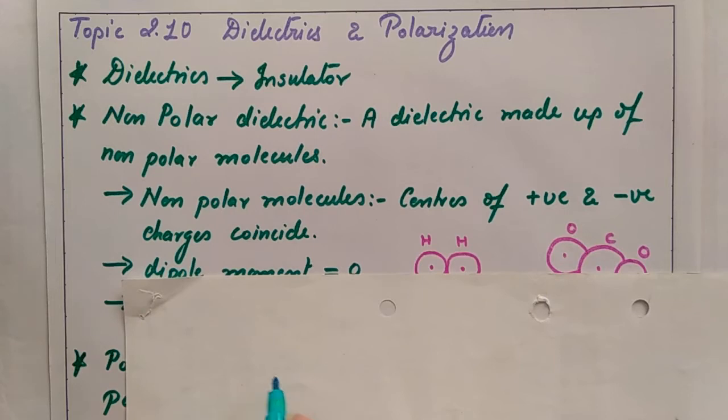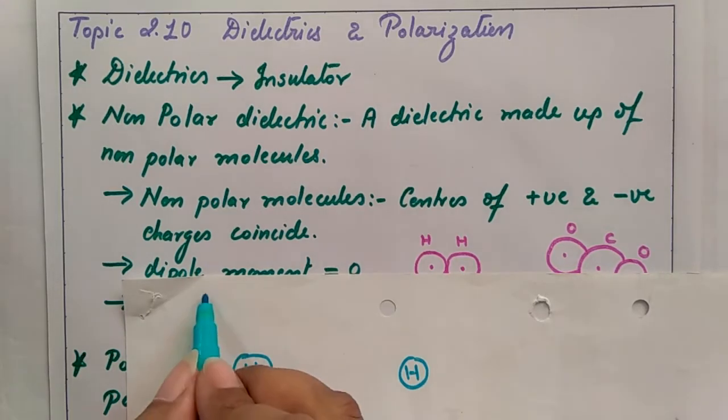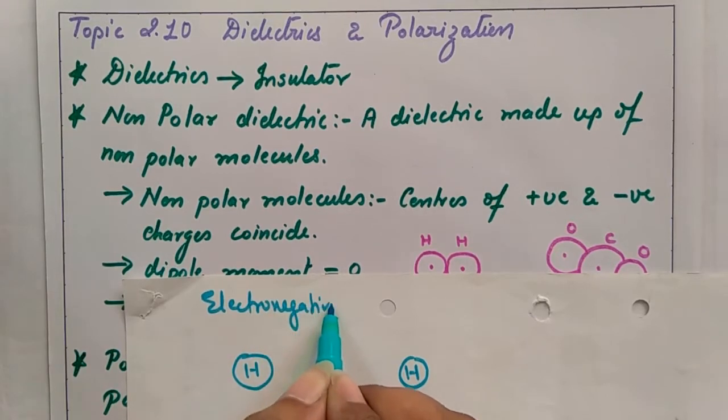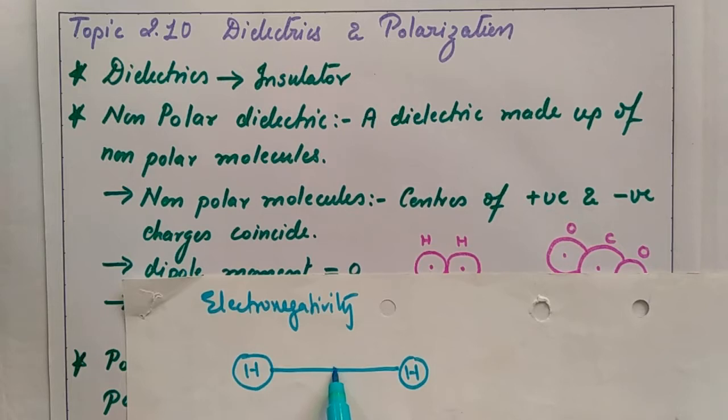See, suppose if this is one hydrogen atom and if this is another hydrogen atom, you know what is electronegativity. It was the tendency of an atom to gain electron. So suppose if we place an electron at the center of these two hydrogen atoms, then as both are hydrogen atoms, their electronegativity is going to remain same. It is equal.